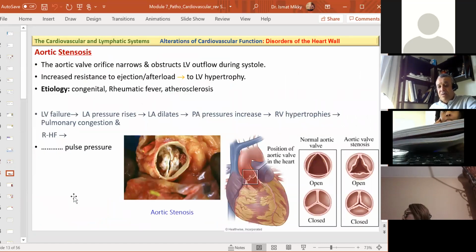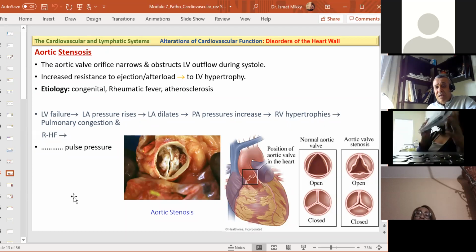Aortic stenosis and aortic regurgitation follow the same concept. For the aortic valve, stenosis is when the orifice is narrow and obstructing the left ventricle outflow during the systole. When we say systole here, is it the ventricular or the atrial systole?